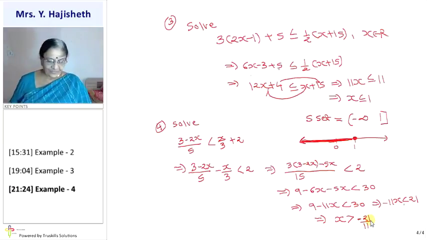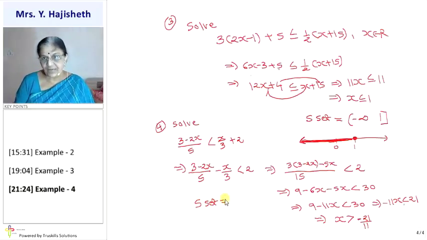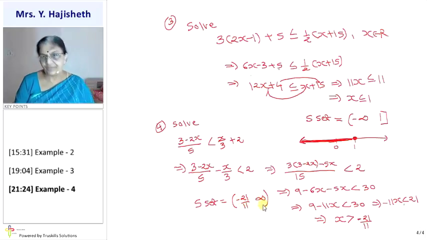Inequality changes. So my solution set for this is greater than minus 21 by 11. So greater than matlab on the right hand side. So open at minus 21 by 11 and open at infinity.